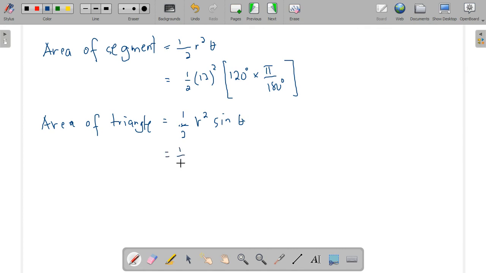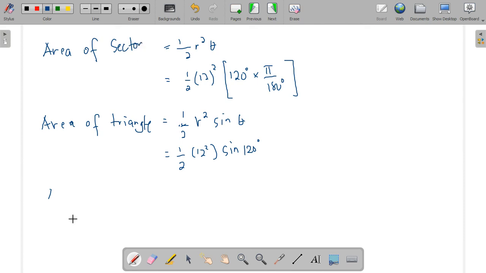So you can write here 1/2 r, and then 12 squared and then sine of 120 degrees. Okay. Actually this is sector, class. I'll change this. So this is sector, not the segment.